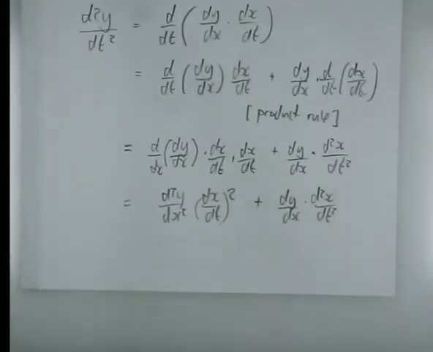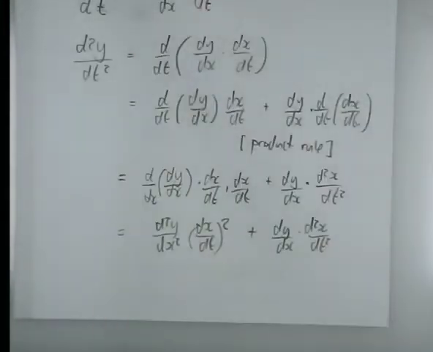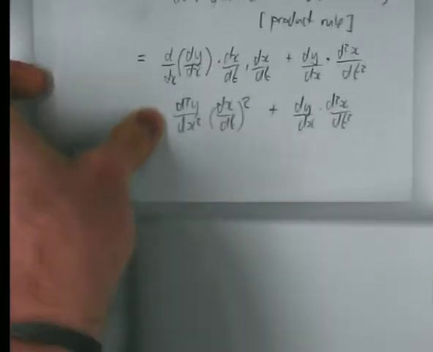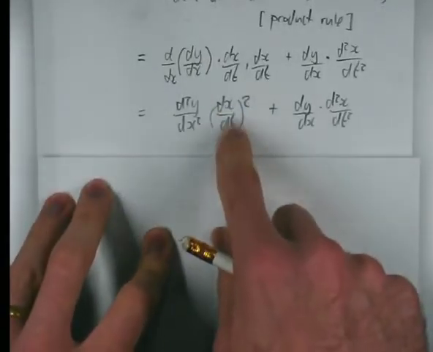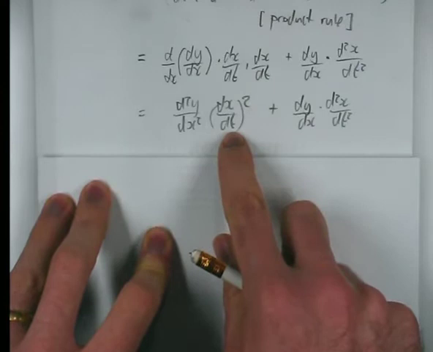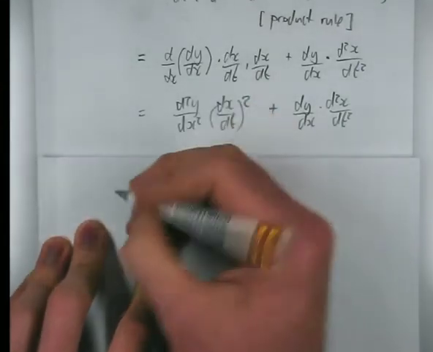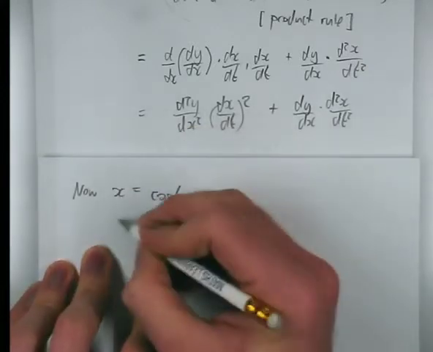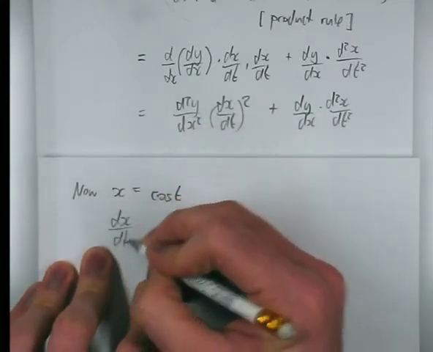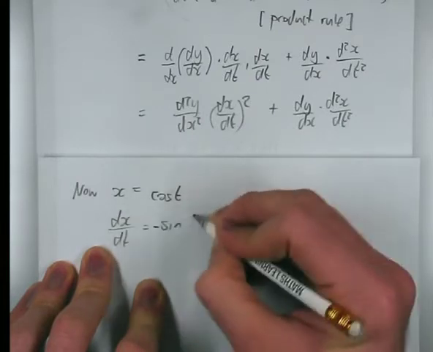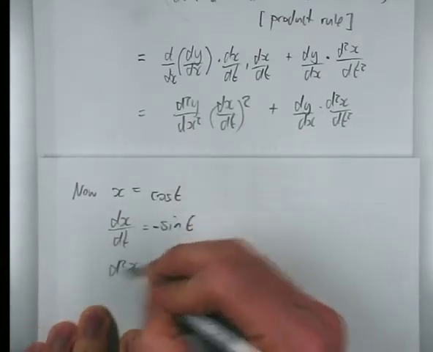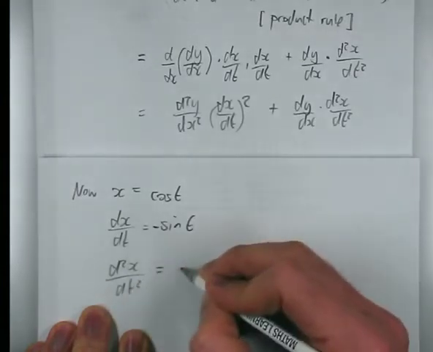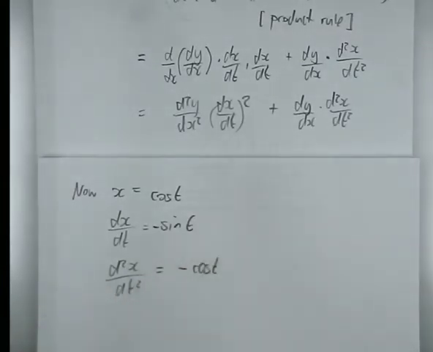So presumably I should be able to sub that in there, which doesn't look happy, but we'll see what we get. In order to make this work, I can figure out what dx/dt is because I was told what x was in terms of t. So x was cos t, so dx/dt would be minus sine t, and so d²x/dt² would be minus cos t, which means I can sub both of those into here.